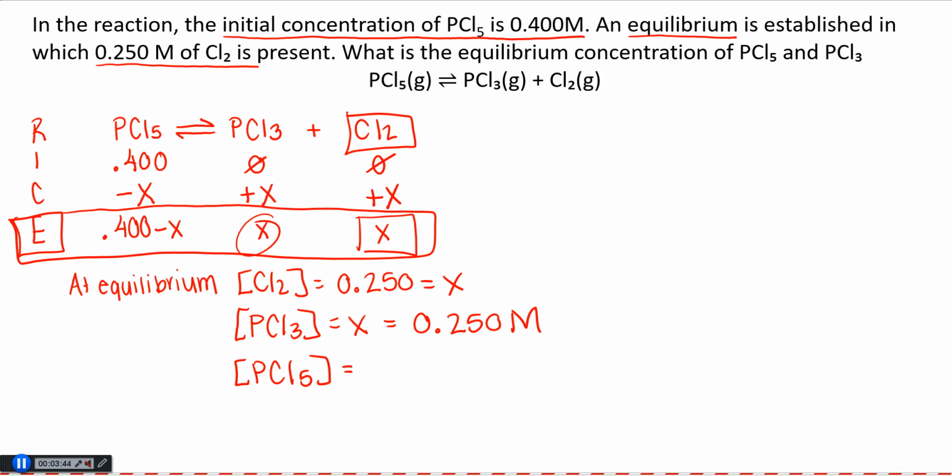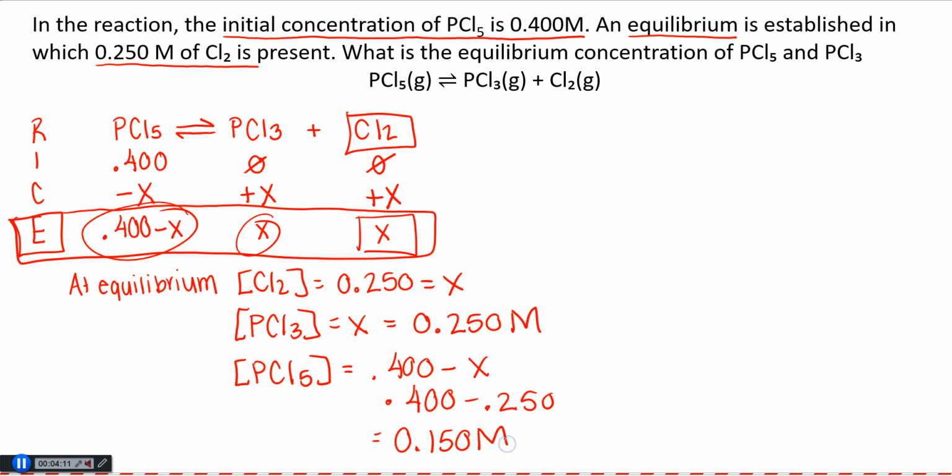For phosphorus pentachloride, at equilibrium, my concentration would be 0.400 minus x, or 0.400 minus 0.250. So its concentration would be 0.150 molar.